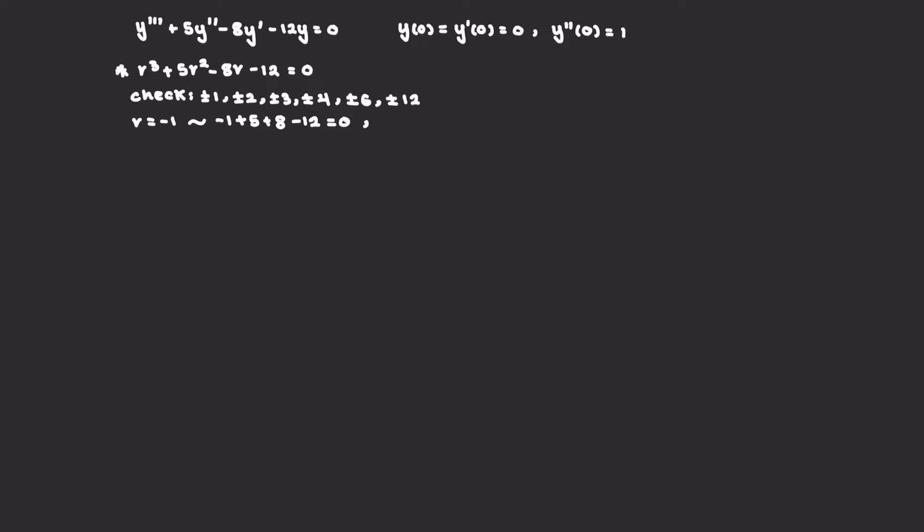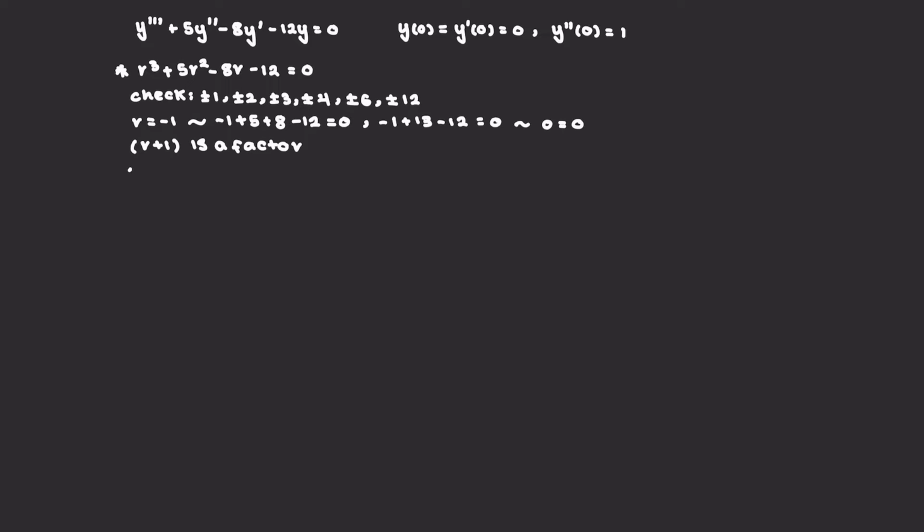Let's see if this equals 0, or if r equals negative 1 is a solution. So negative 1 plus 13 minus 12 equals 0, and yes, 0 equals 0, so r equals negative 1 is a solution, or a factor. So let's write this down. r plus 1 is a factor.